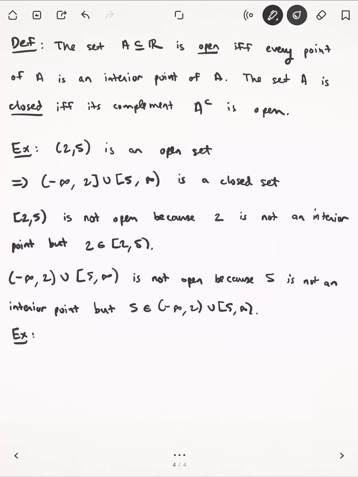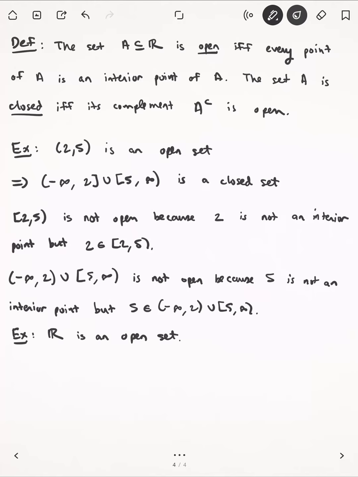So here's another interesting example. R is an open set. And to do that, you just look at every real number and ask, can you construct a neighborhood of that real number that is still contained in the real numbers? If you think about it for like 1 second, you'll say, of course, yeah, you can.